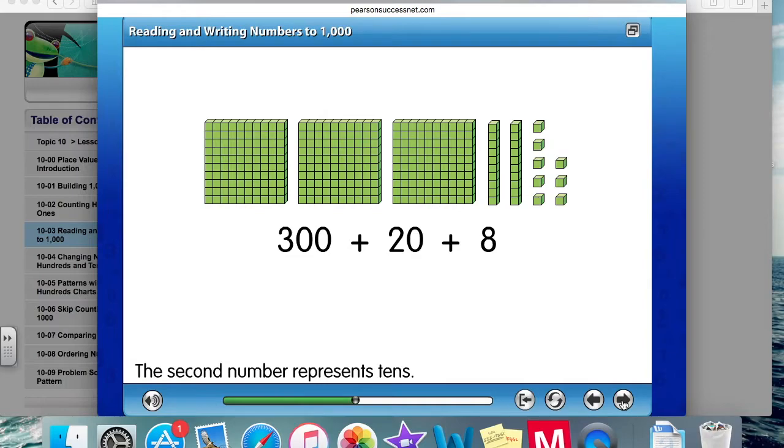The second number represents tens. What is the value of 2 tens? 20 is the value of 2 tens. What does the third number represent? The third number represents ones. What is the value of 8 ones? 8 is the value of 8 ones.